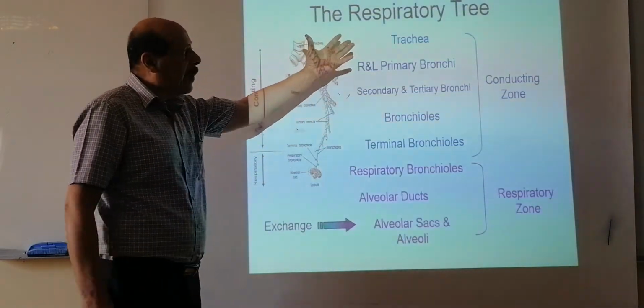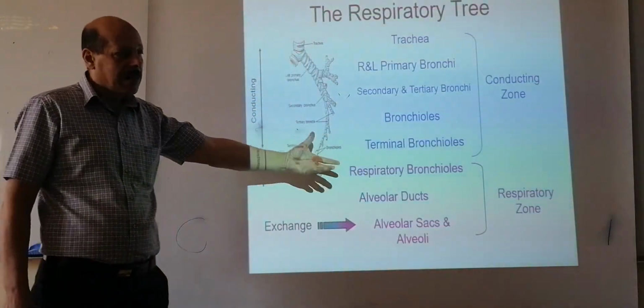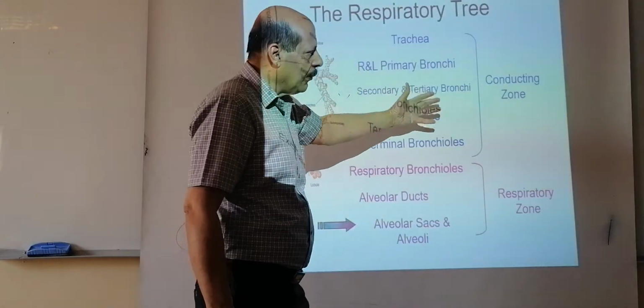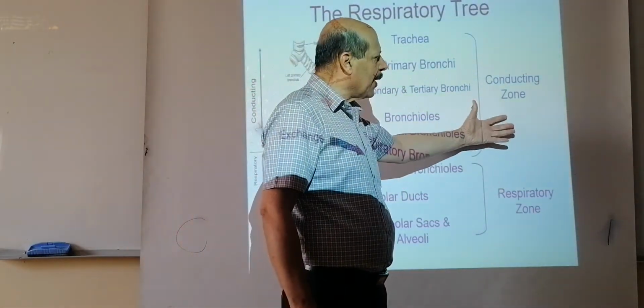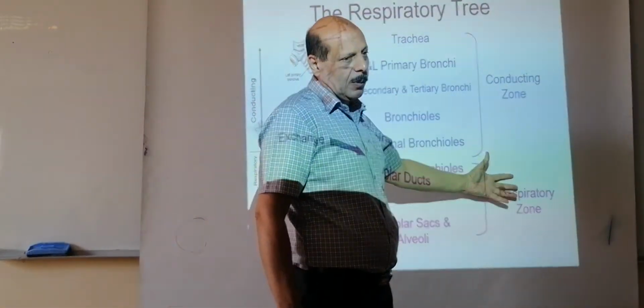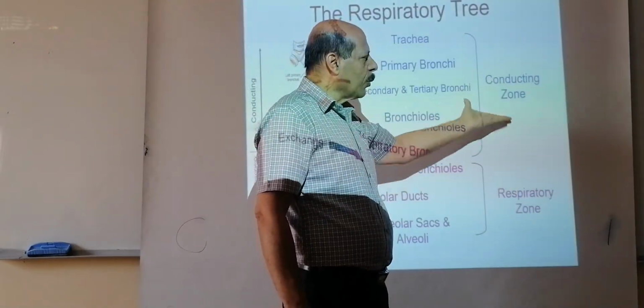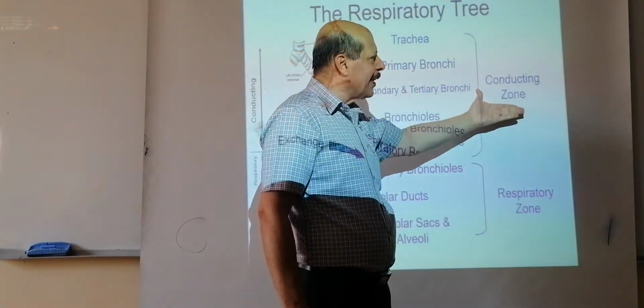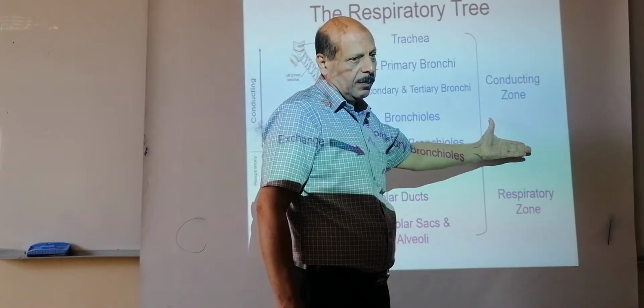So the respiratory tree, as we said, can be divided into two zones. The first or upper zone is called the conducting zone.